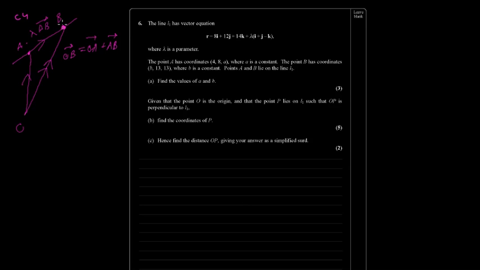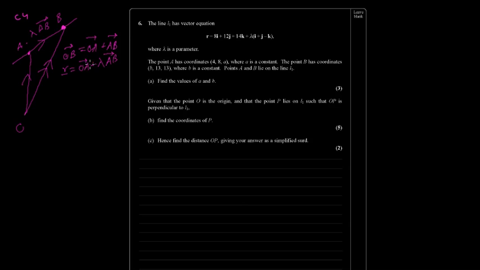So OB is the position vector format. This is written in this format: R equals the position vector of the initial point plus lambda, however long this line is. We call this the direction vector. It could either be parallel to this to give us a sense of direction, or it can be on this line. So lambda is the scalar number that shows us how big that AB is.